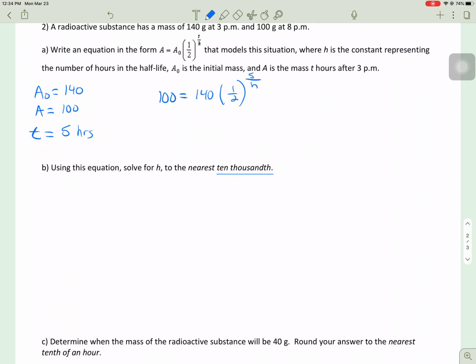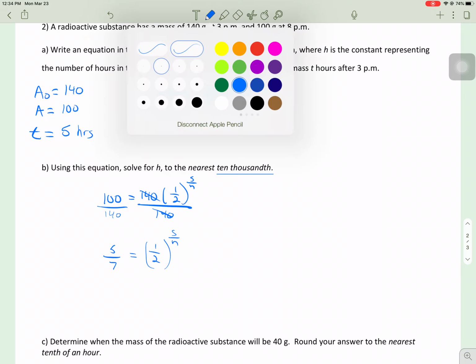Okay, so we get 100 equals 140 times 1/2 to the 5 over h. Variable as an exponent, divide by 140. That simplifies to 5/7 equals 1/2 to the 5 over h, right?